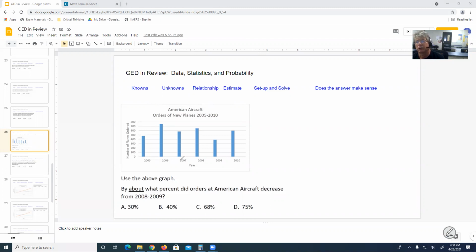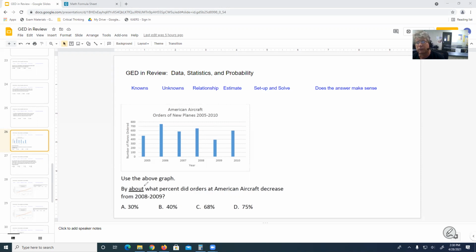And then across the bottom, we have the different years, 2005 to 2010. This is what's called a bar graph because you have these little bars of data. So you mainly want to glance at the graph, and then come down here to the question, and see what part of the graph we need to focus on.